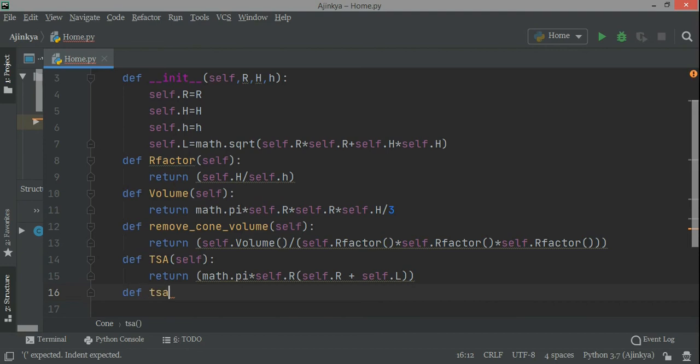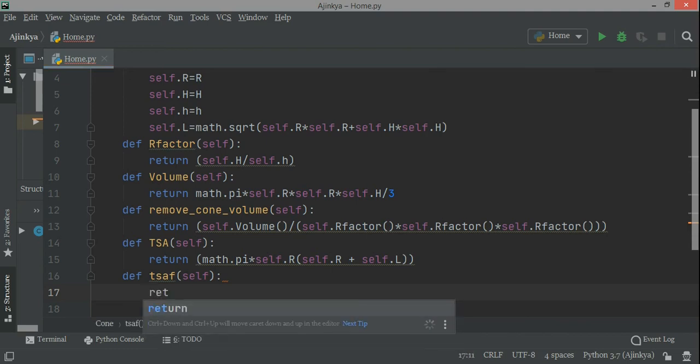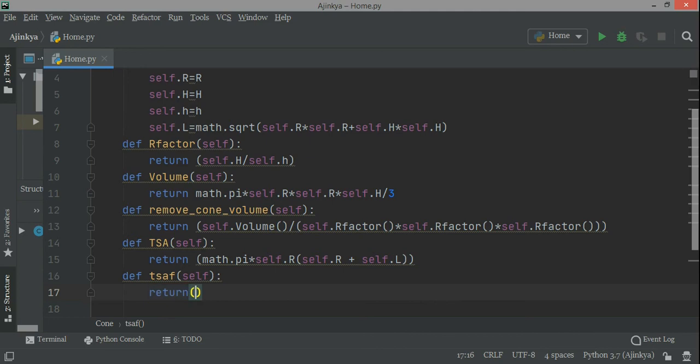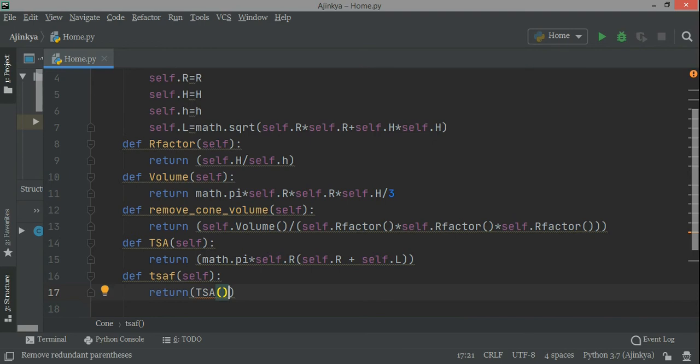Now I remove the surface area of the frustum. The surface area of the frustum, what I was just telling you a little before, is the total surface area of the bigger cone minus the curved surface area or lateral surface area of the smaller cone, plus the area of the top small circular section which we have got after truncating the cone from that position.